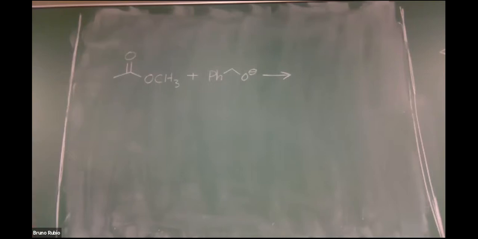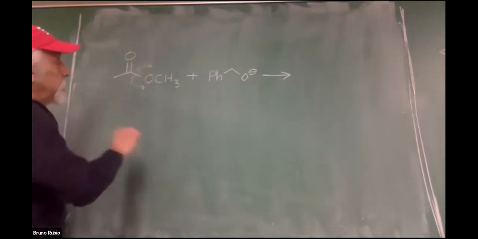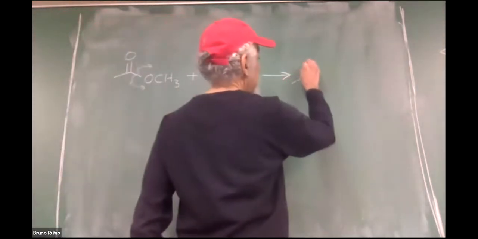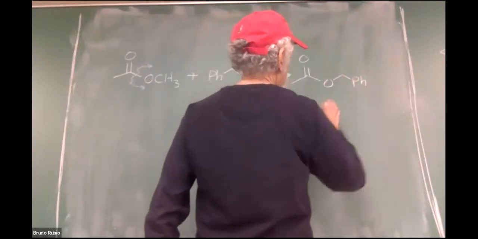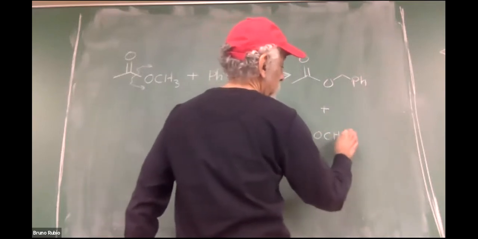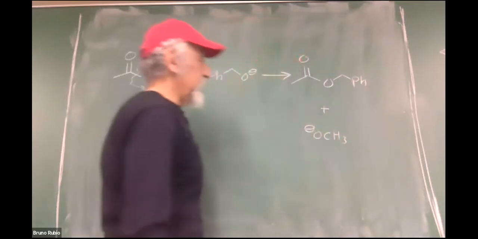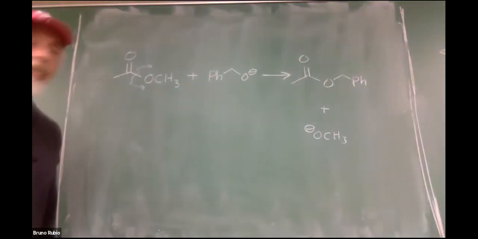Under basic conditions, that leaving group emerges with a negative charge. So it broke off. The nucleophile took its place. And the leaving group left with this negative charge. Yes? Okay. Pretty easy. Let's try another one.